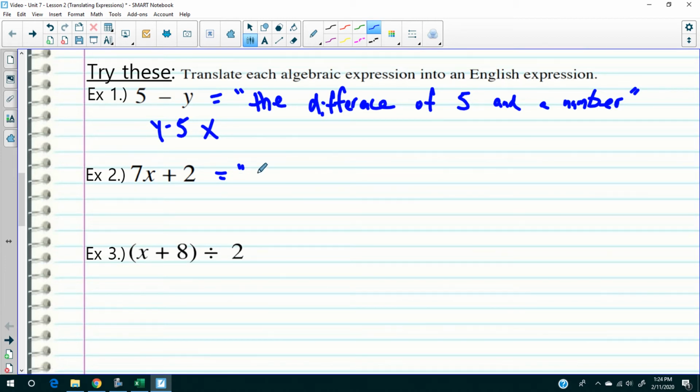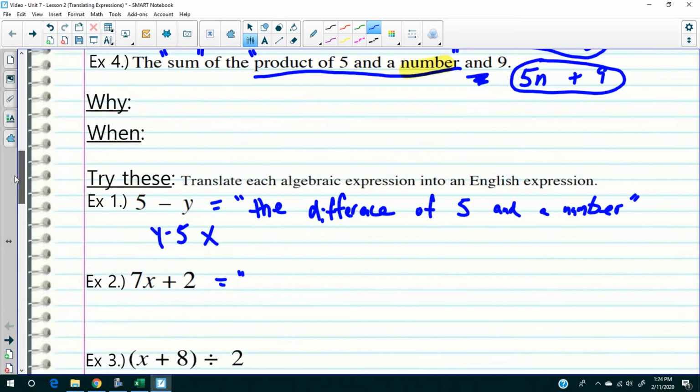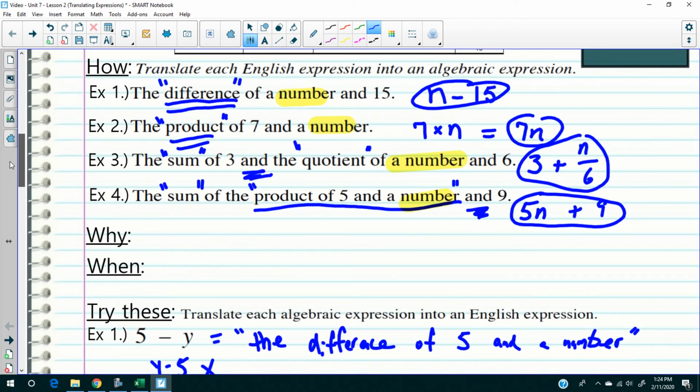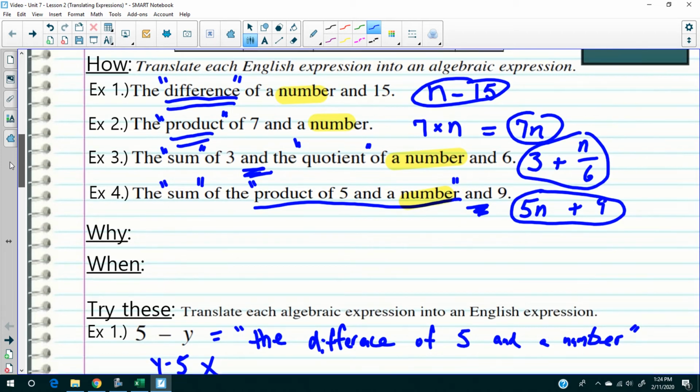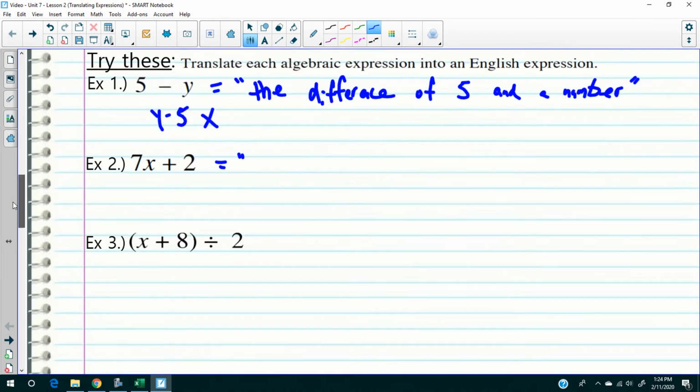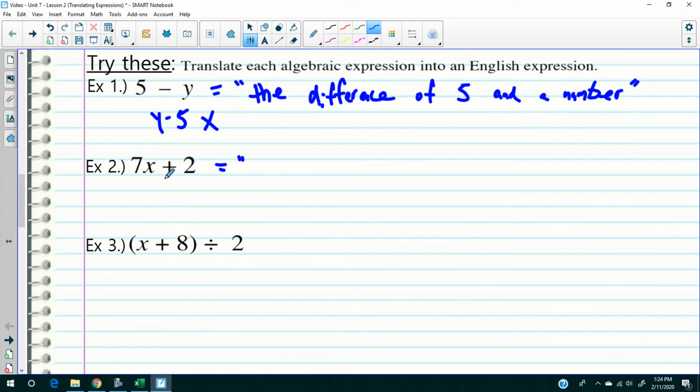Okay, how do you write this? This one's tough. If you want to, refer back to one of these. Now look at the operation first. At the end, you're going to have to add. So you're going to have to write the sum, because after you say this and this, you have to add them together. So this should come first. The sum of what?